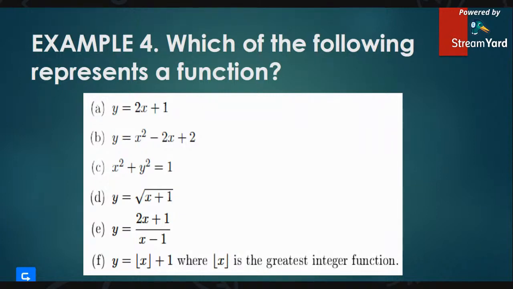Kapag floor function, i-round mo siya pababa. So kunwari 2.31. Kahit yan ay 2.91, 2.99 at malapit pa siya sa 3, ang sagot pa rin ay 2 kapag floor function. Yun yung example sa letter F. Pero kapag ceiling function, kahit yan ay 2.31 lang, kapag ni-round up natin sa ceiling function, magiging 3 siya.